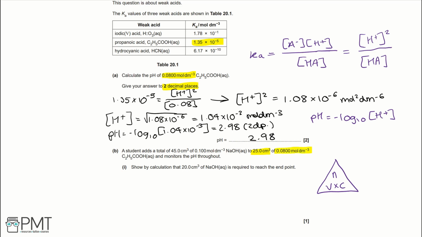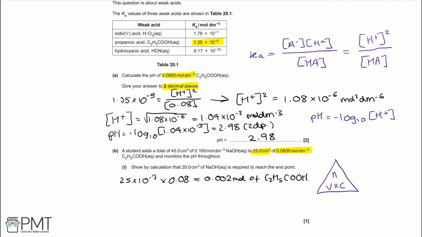So we're going to do 25 times 10 to the negative 3, because we've converted centimeters cubed into decimeters cubed, multiplied by 0.08 moles per decimeter cubed, and that equals 0.002 moles of C2H5COOH.